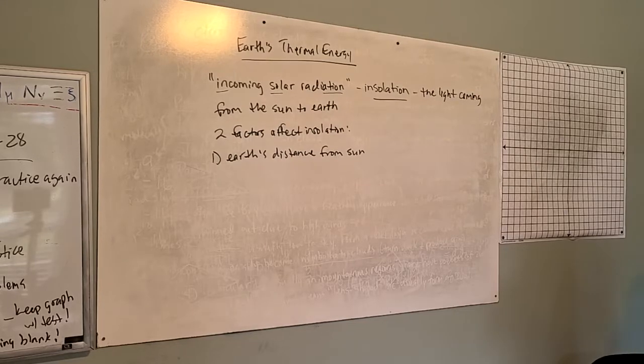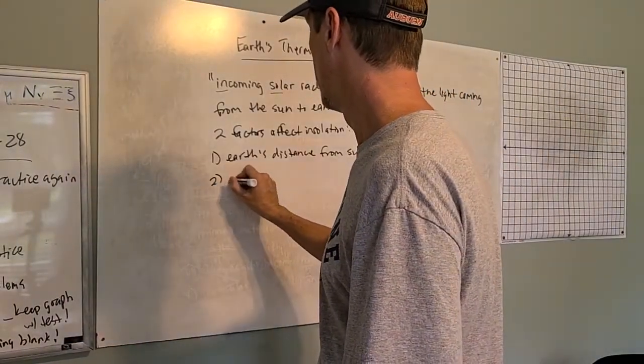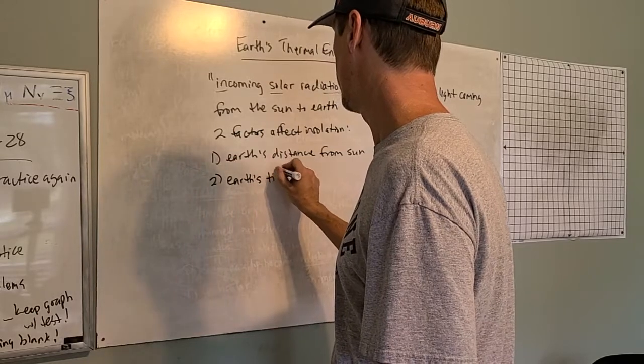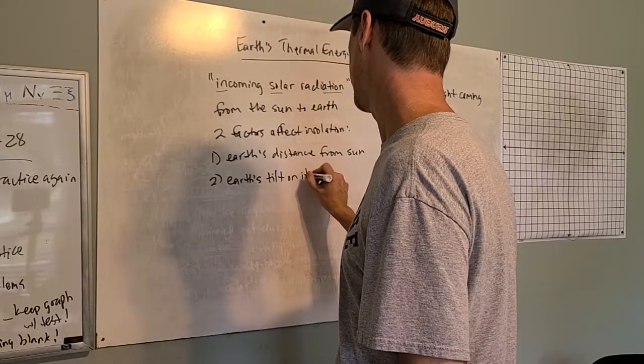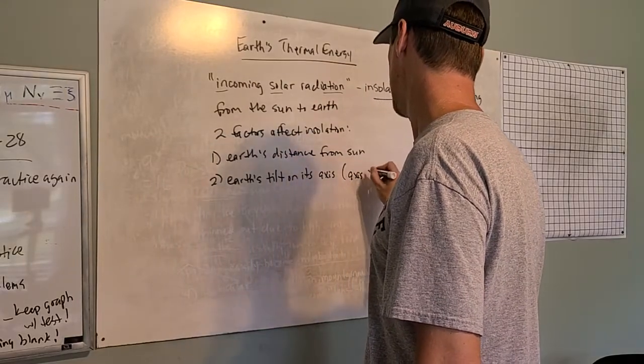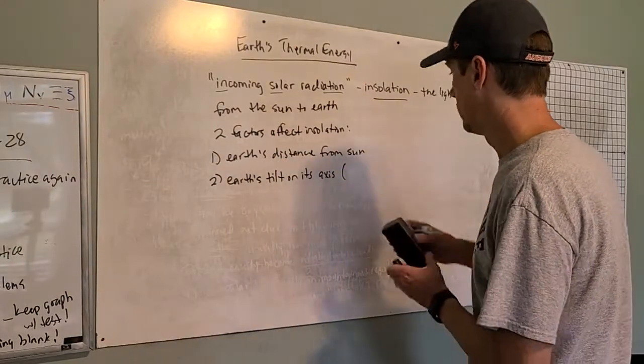So the Earth's distance from the sun affects that insolation, and the other thing is Earth's tilt on its axis, or we call this the axial tilt.